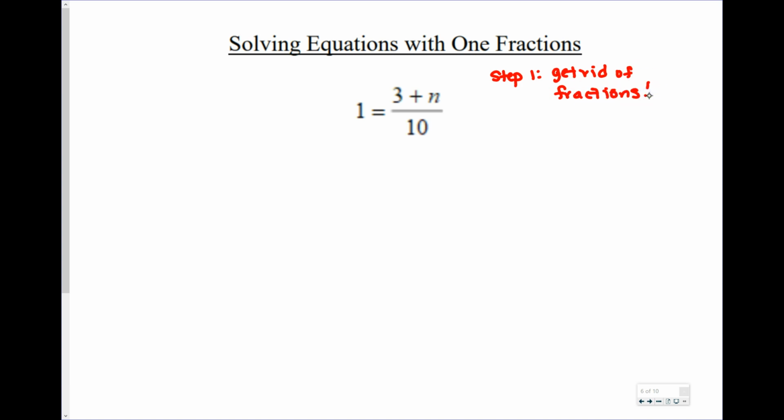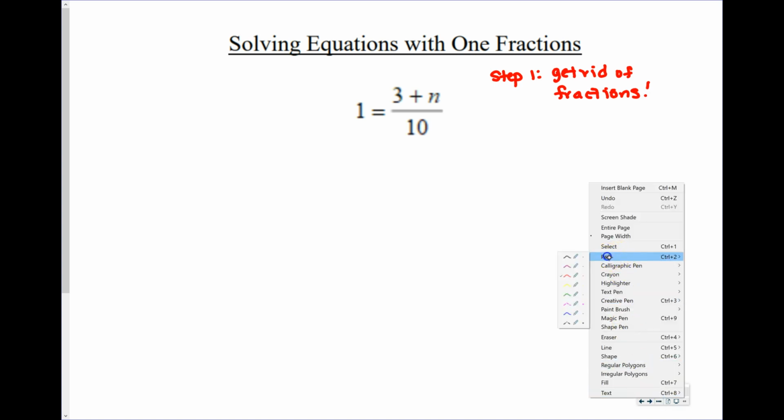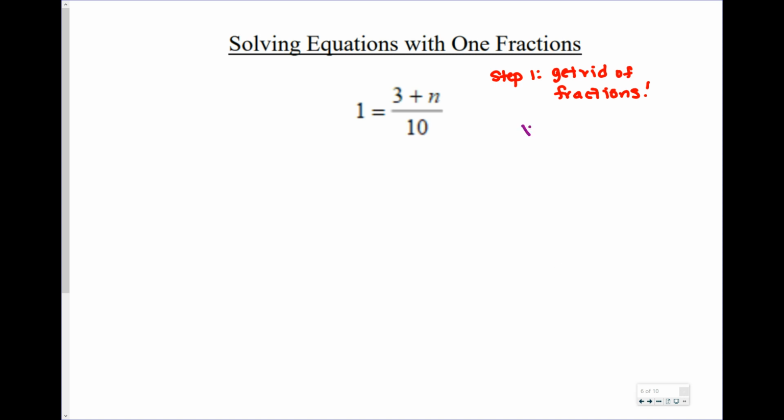Well, here it is. Get rid of your fractions. And to do this process, you have to multiply both sides by the denominator. And I'll show you what I mean by that.